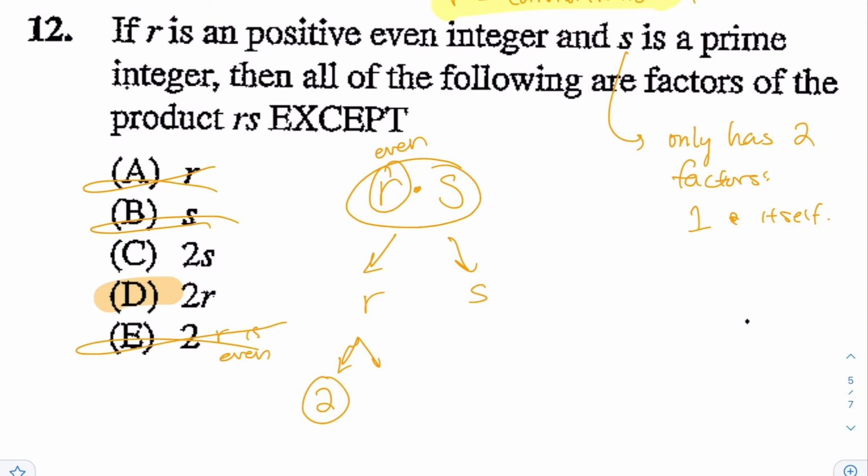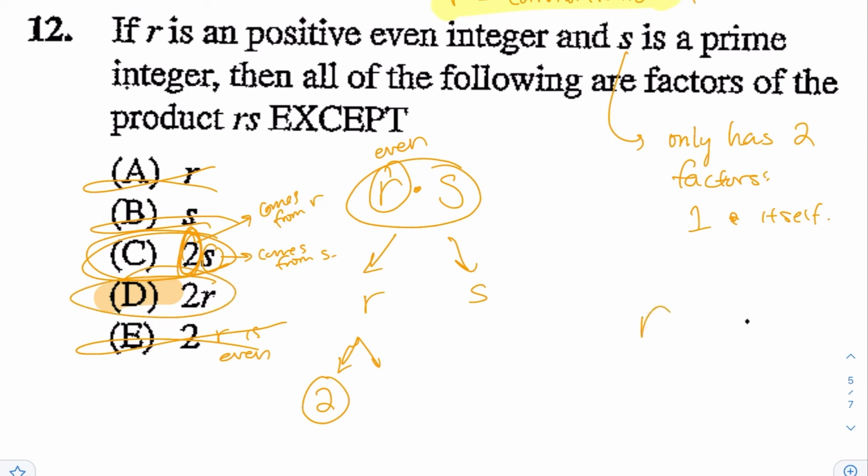So that's out. Now s times 2 is also a factor because this 2 comes from r, and this s comes from, of course, s. So that leaves choice D, which cannot be a factor.